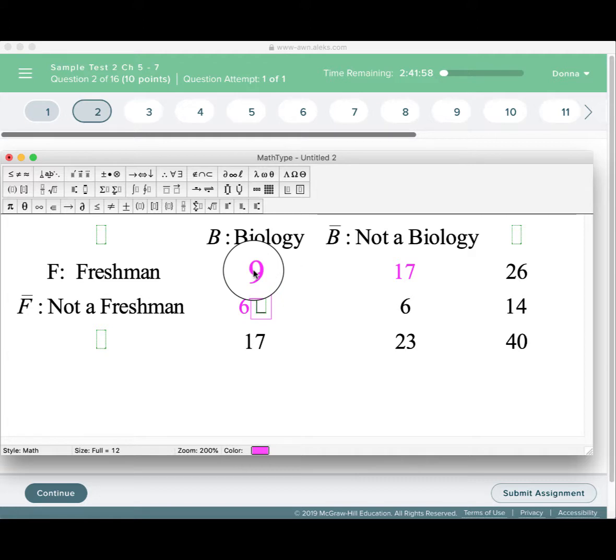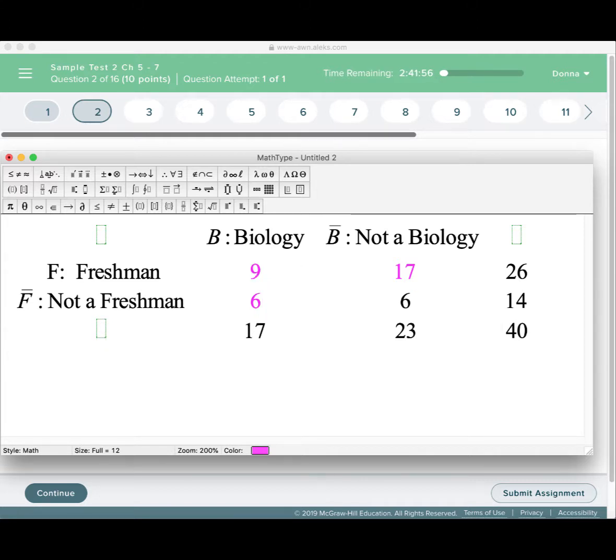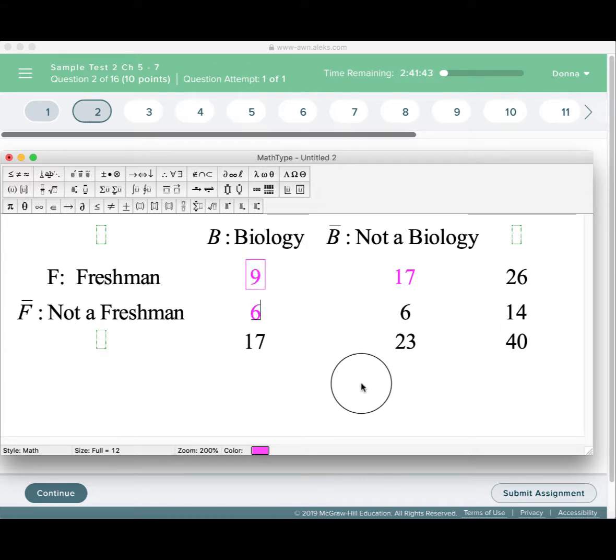And both would be the 9. So we have that or is being a freshman or being a bio major or both. So it turns out neither is the complement to or.